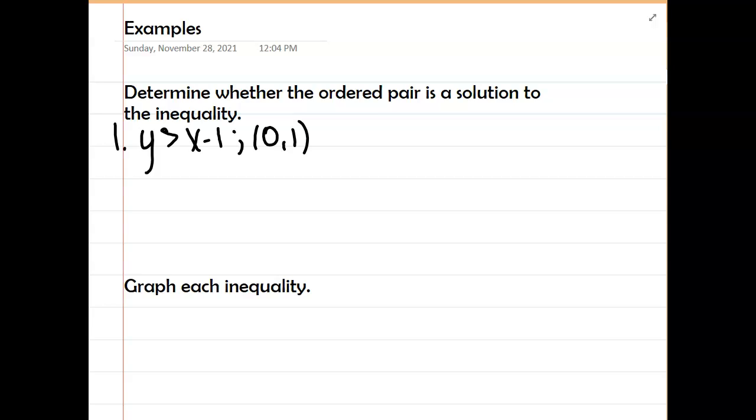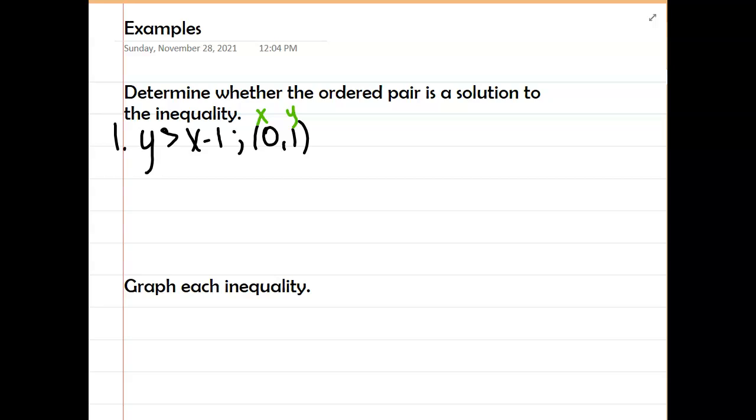Now, one way you could decide if it'd be in the shaded area is to actually graph this inequality. We don't have to graph the inequality. An easy way to decide if this is going to be a solution is that if it's a solution, it should work. Meaning, if I plug in 0 for x and 1 for y, it should work. So that's all you have to do.